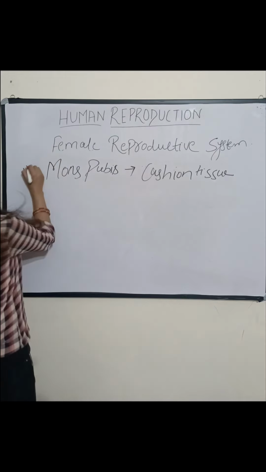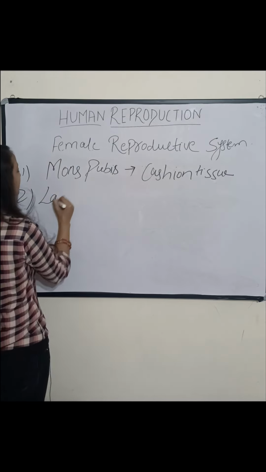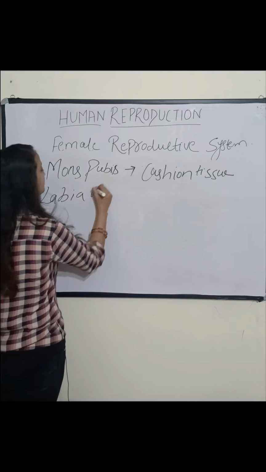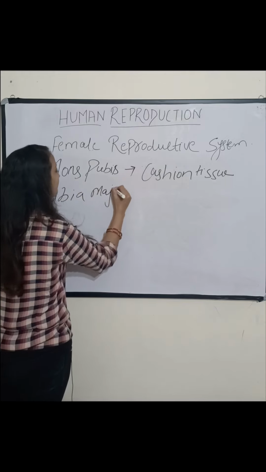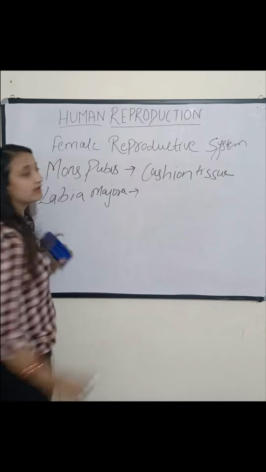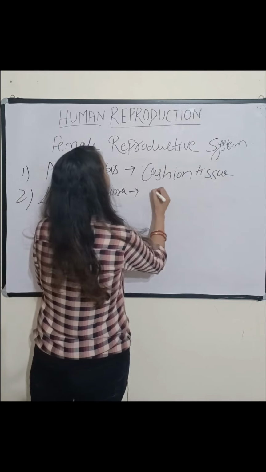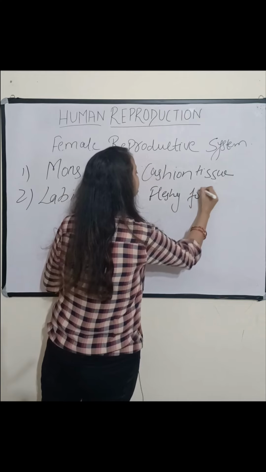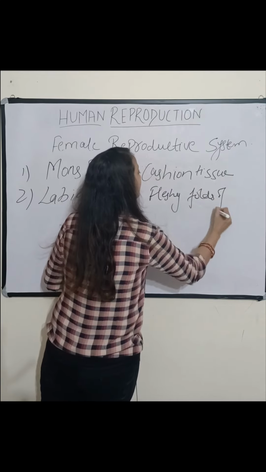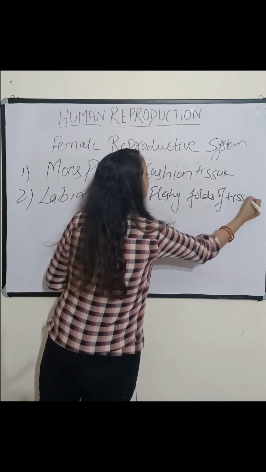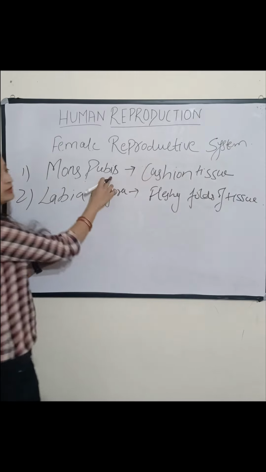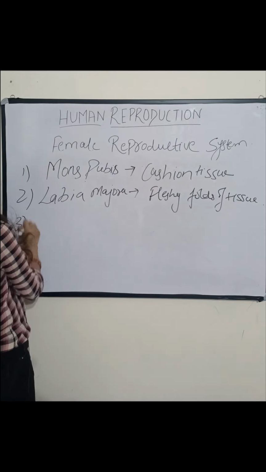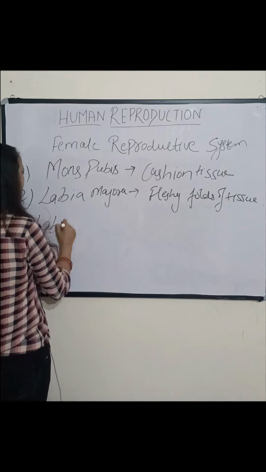Number 2, labia majora. It is fleshy folds of tissue which extends from the mons pubis. Number 3, labia minora.